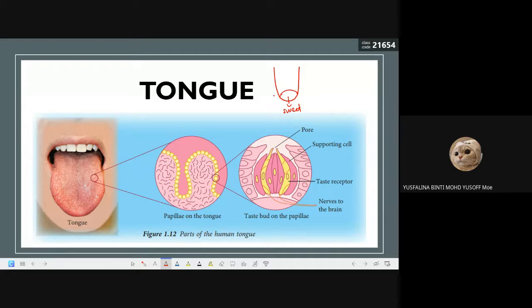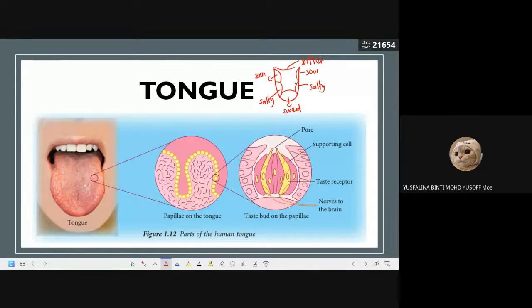Then this one is salty. And at this part is sour. If you want to take note, you can write it down. And at the back is bitter.